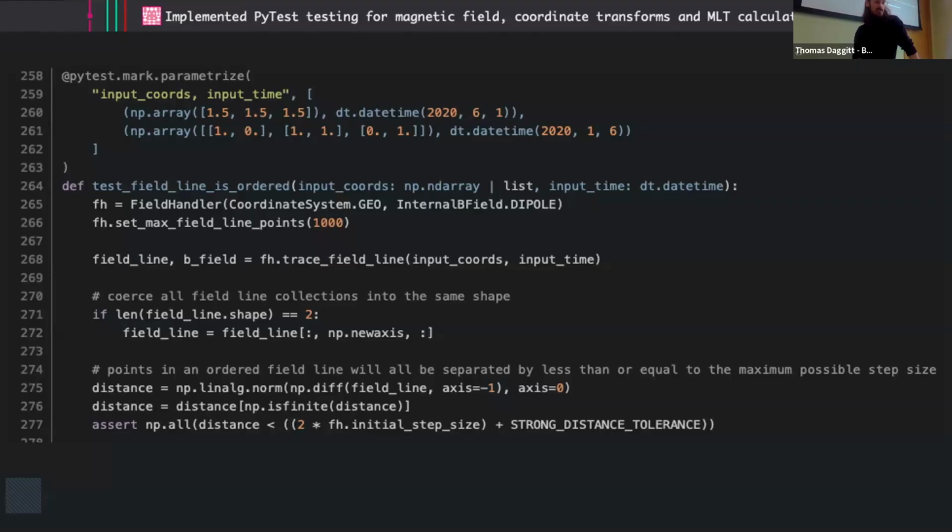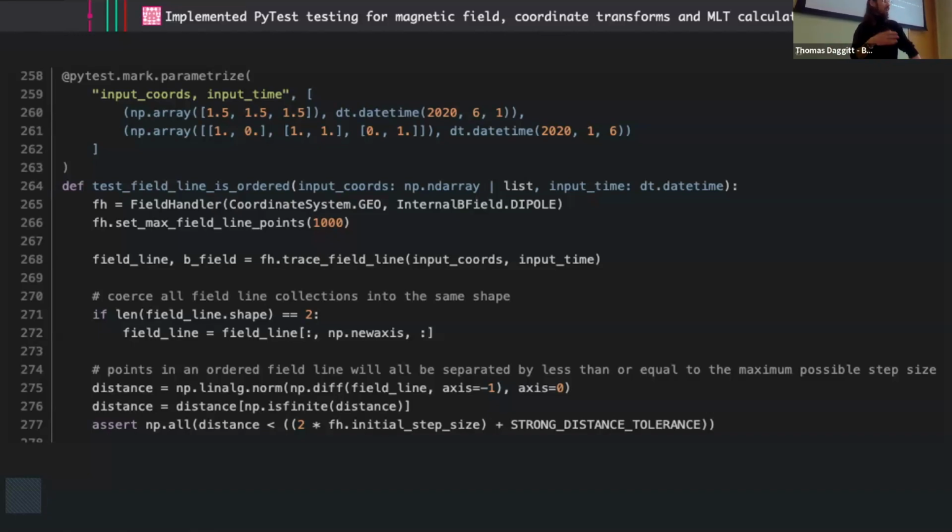The issue I had with PyTest is that I still don't really understand what the right approach is for writing tests for numerical code. What I found in the end was that I could test my field line tracing algorithm against analytically solvable cases of field lines.